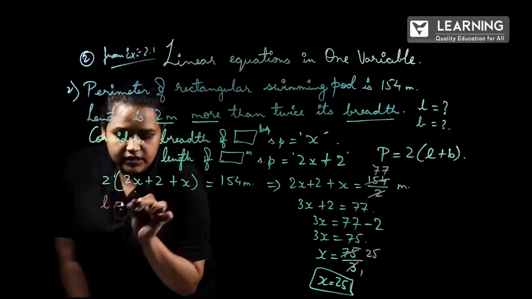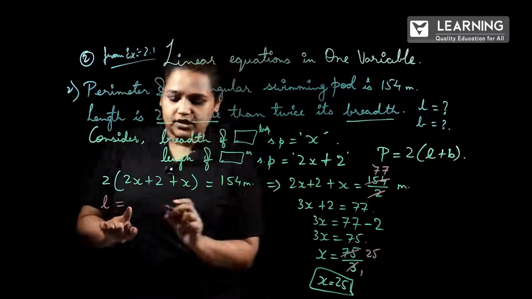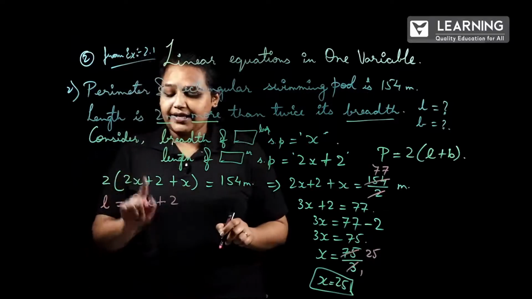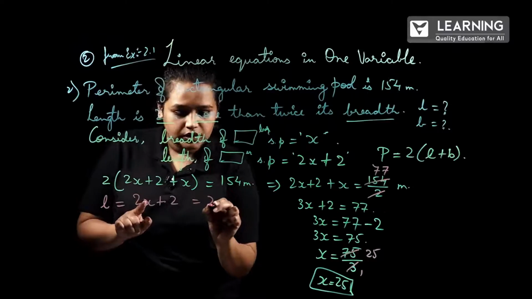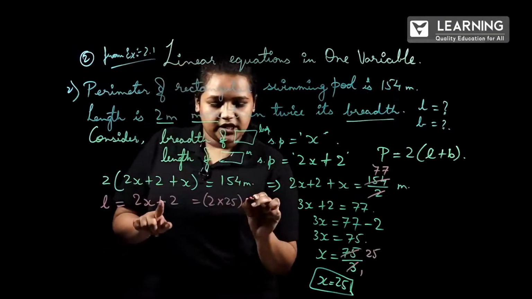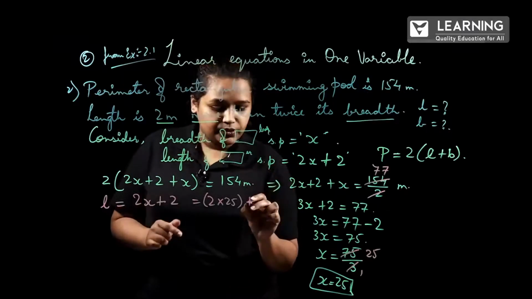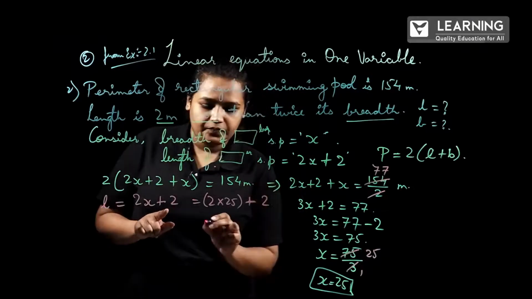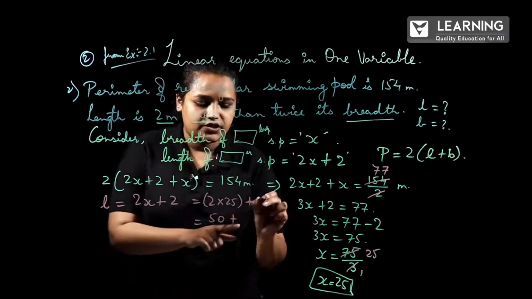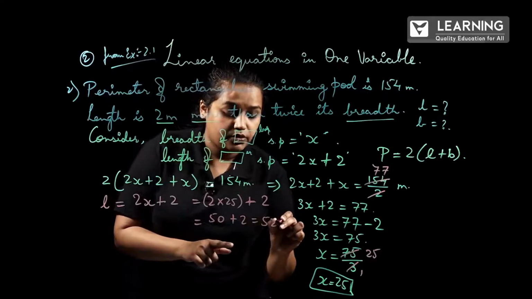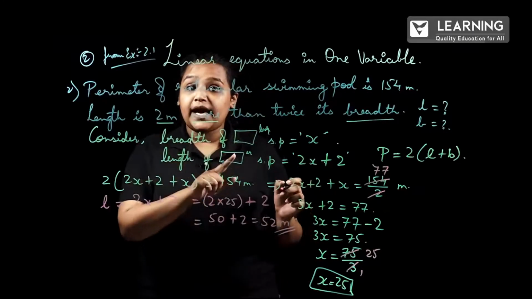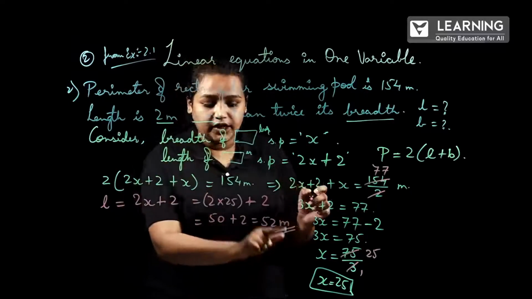So, length is 2x plus 2. We know the value of x is 25. So 2 into 25, take it in a bracket so it will be easy for you and you won't get confused, plus 2. 2 into 25 is 50, plus 2 is 52 meters. When they give any units, you have to remember that you should also give the units.